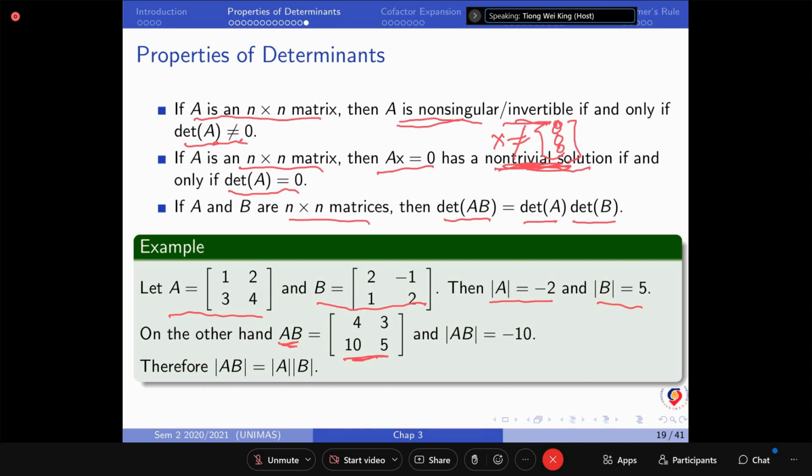And then from here, you can calculate the determinant, okay, equals to -10. So this is actually equal to this times this. So determinant AB equals to determinant A times determinant B.